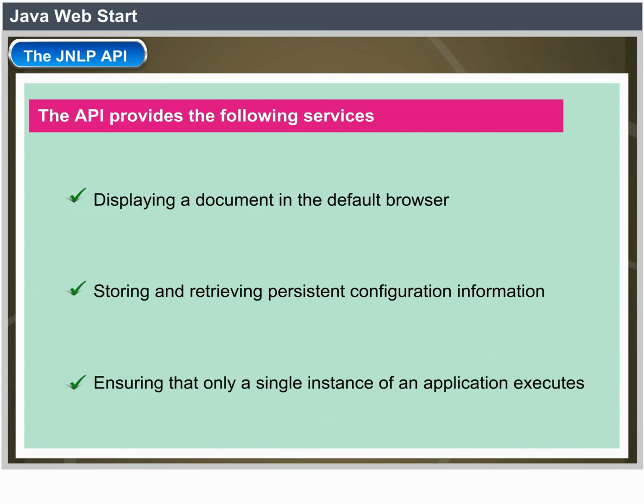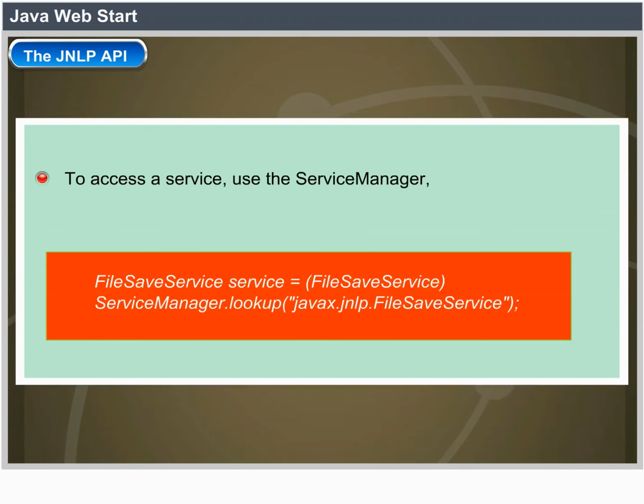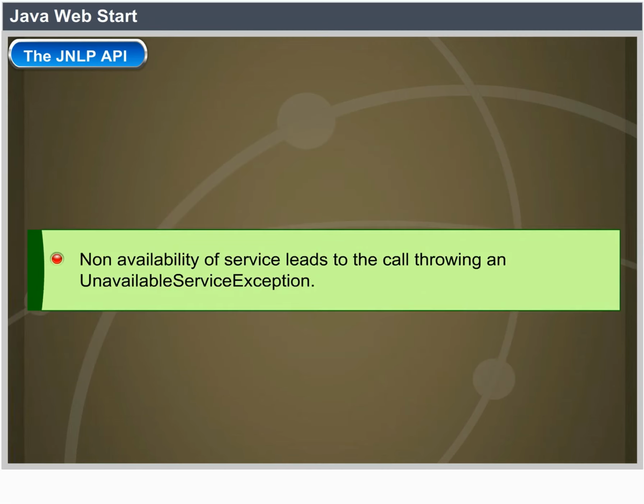To access a service, use a service manager like this: FileSaveService service = (FileSaveService) ServiceManager.lookup("javax.jnlp.FileSaveService"). Non-availability of a service leads to the call throwing an UnavailableServiceException.